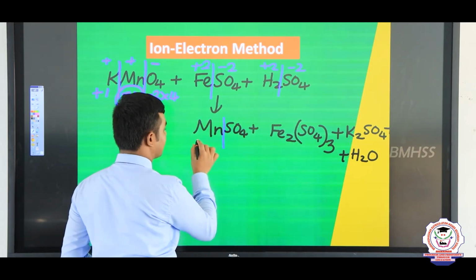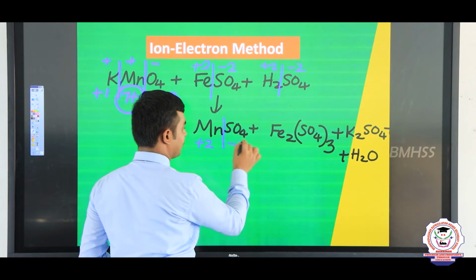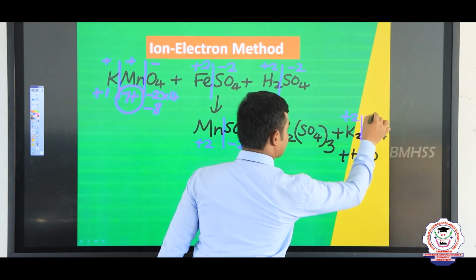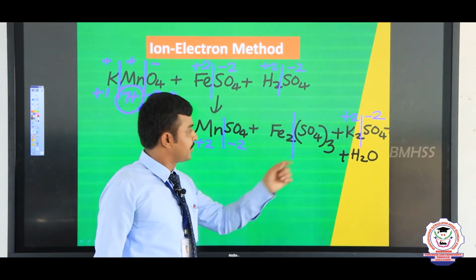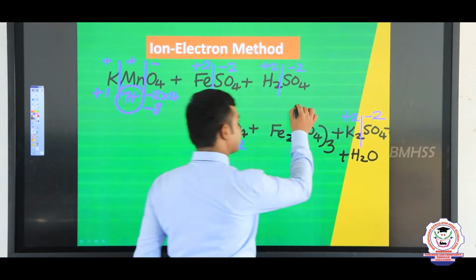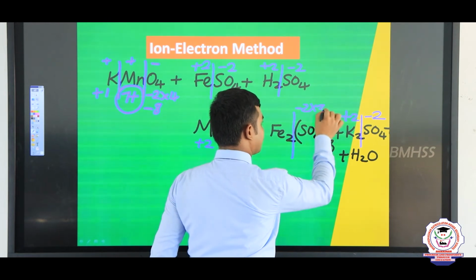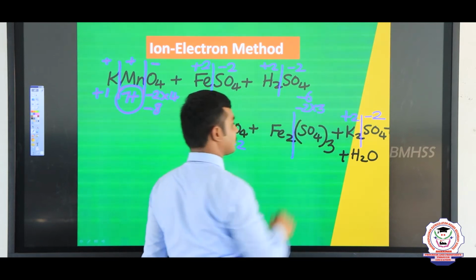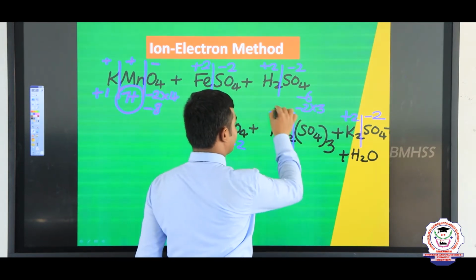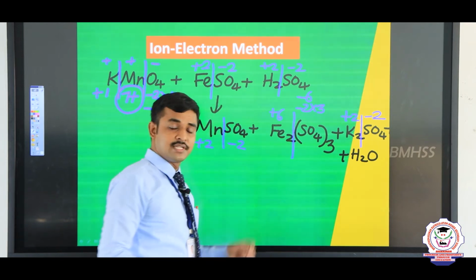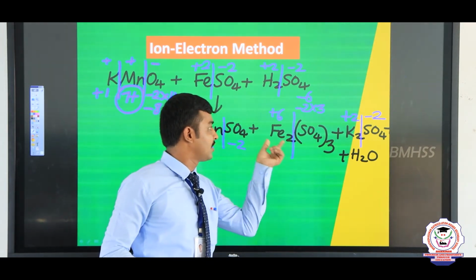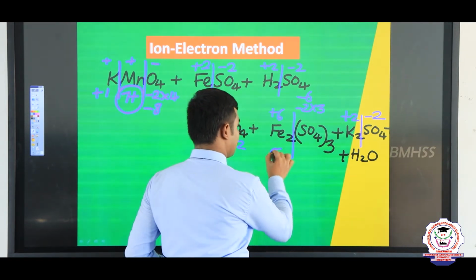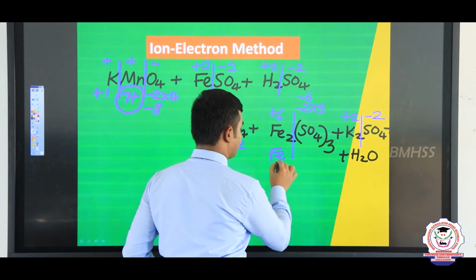Same for manganese sulfate, +2 and -2, and for potassium sulfate, +2 and -2. In ferric sulfate, SO4 has a -2 state. We have 3 SO4, so -2 times 3 gives a total of -6. For Fe we have +6. Students, note that 2 Fe ions contain +6 oxidation state. So, for one Fe ion, its oxidation state is +3.